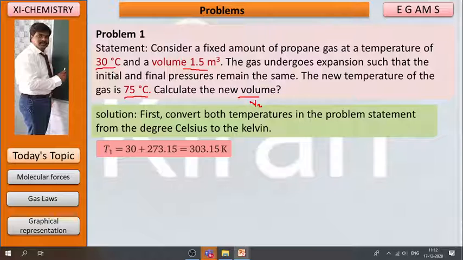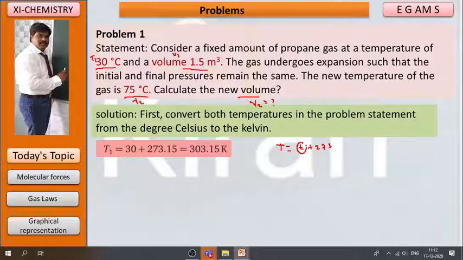This is volume V1, this is T2, and this is V2, which you have to find out.